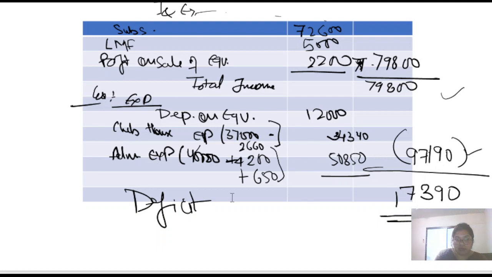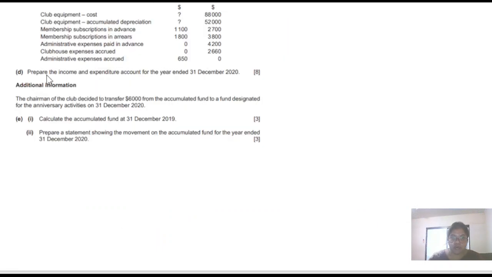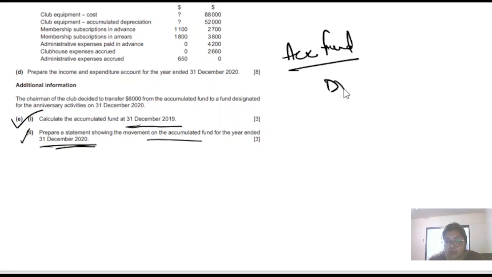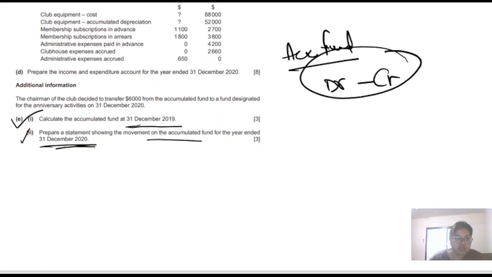Now the E and F part, it is very simple. They ask you to calculate the accumulated fund, and the accumulated fund on 31st December, it means they need your opening accumulated fund and the accumulated fund for the year ended 31st December 2020. You are very much aware about the accumulated fund. Whatever the debit balance you are having, you have to deduct debit minus credit. If you are going to calculate opening accumulated fund, it means you have to use only your opening balance.